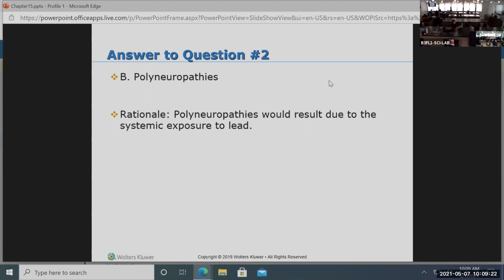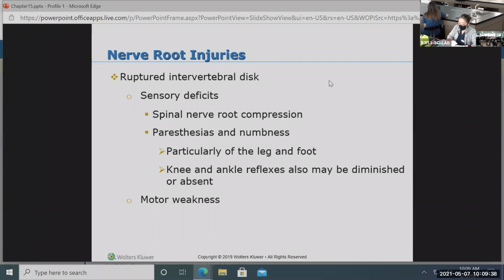We see in this slide diabetes mellitus also. Diabetes mellitus is a very common disease. If somebody has diabetes mellitus, it is a lifelong commitment. Now, nerve root injuries.